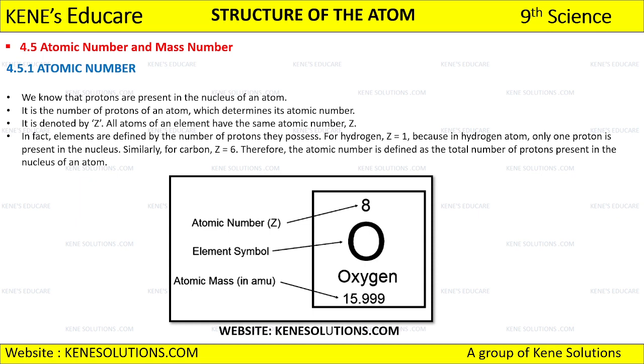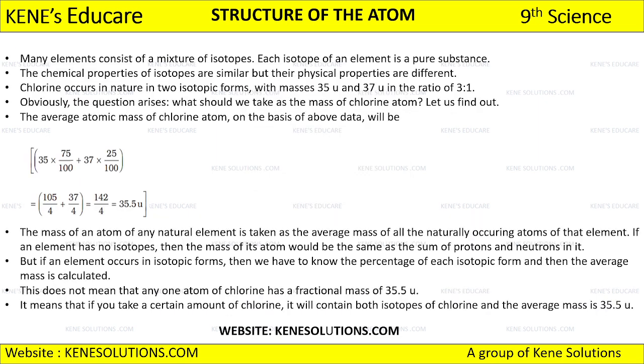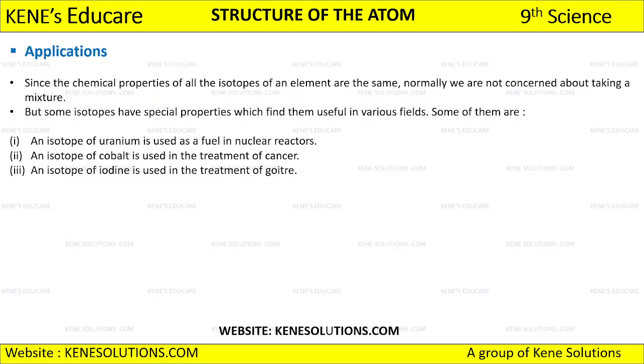Now, after this, we have atomic number and mass number, which I'm not going to continue today. I'll start with atomic number and mass number in the next class. After studying them in detail, we have isotopes and isobars to discuss. We will discuss how isotopes are different and what the applications of isotopes are, in detail.